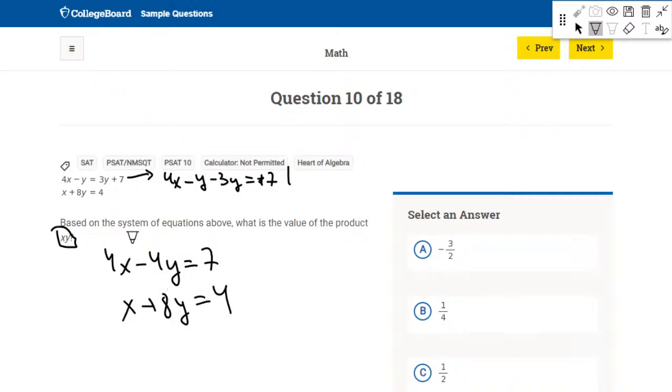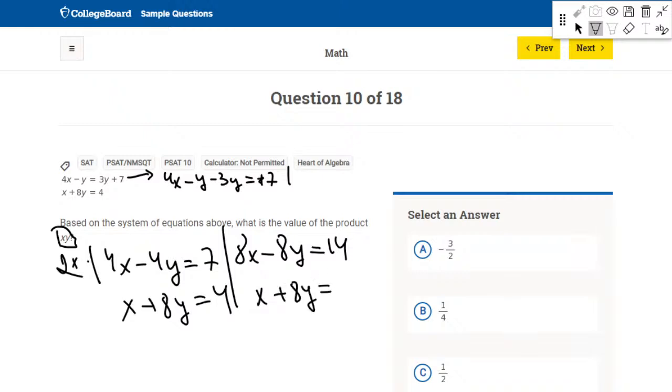What I would do here is multiply the first line by 2, and I would get 8x minus 8y equals 14, and here x plus 8y equals 4.